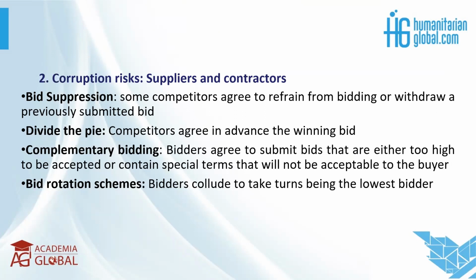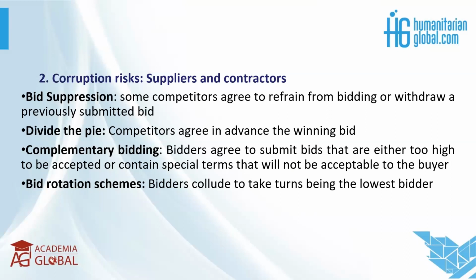As a procurement professional, in terms of supply and contractors corruption risk, the only solution to curbing this is to be able to extend the pool of suppliers that you're getting, so that you're able to have competitive bidding, and so that these suppliers do not hold you in a way that you're not able to carry out the procurement process effectively.